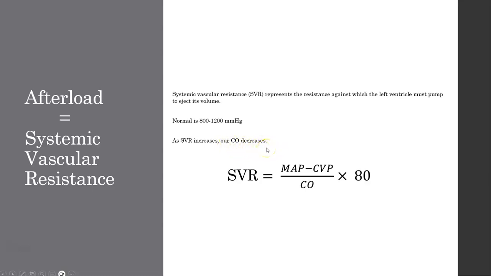Our heart is having to work harder, so the output is not going to be as great. Does that make sense? If our heart's having to work harder and our SVR is representing the resistance against which the left ventricle has to pump to eject its volume.